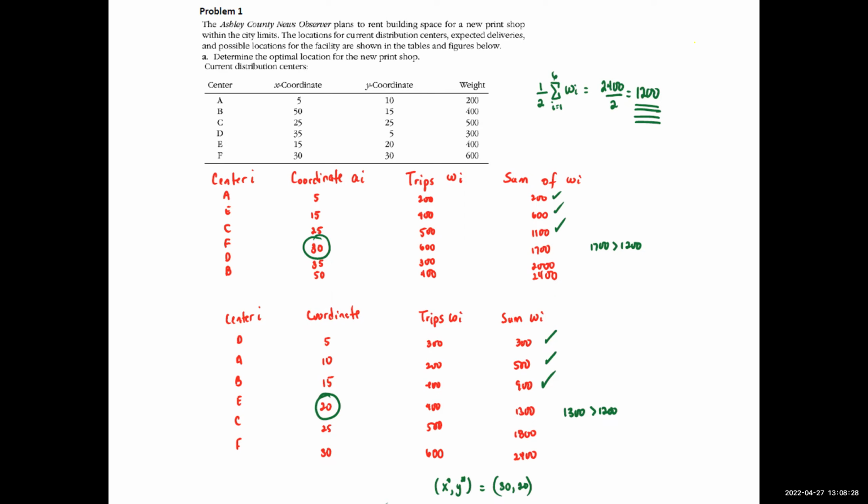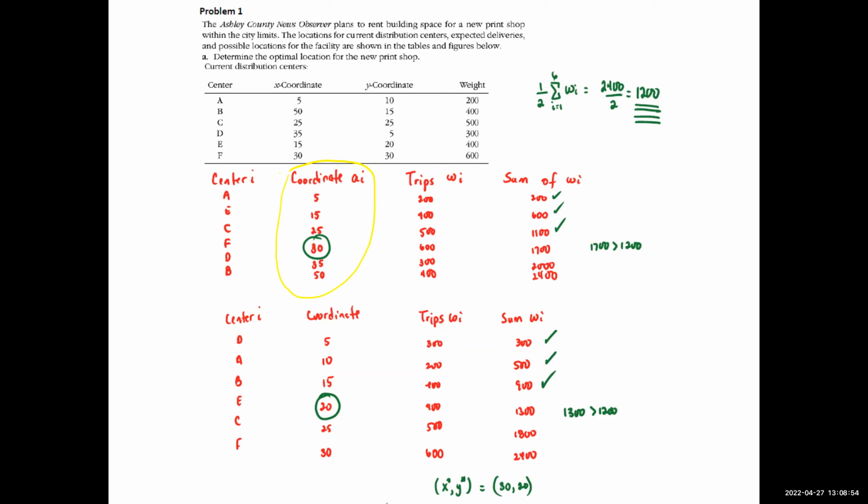So all the information given for X is sorted based on that coordinate value: 5, 15, 25, 30, 35, and 50. The weights are sorted based on that, and the centers also.